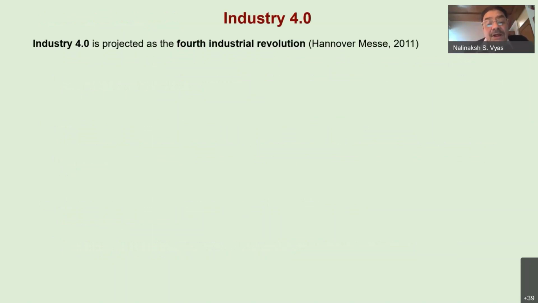Industry 4.0 is a term which was first coined in the year 2011 in the industrial fair at Hanover in Germany, and is being called Industry 4.0.